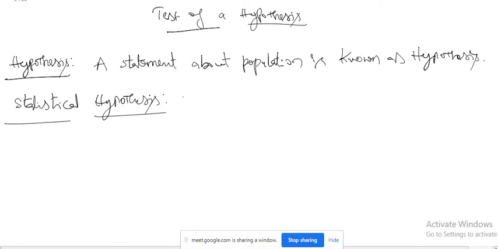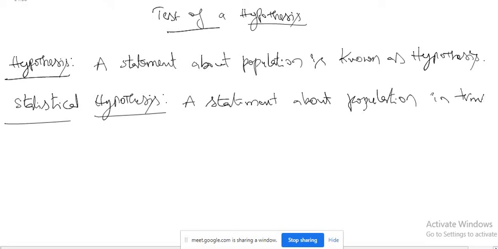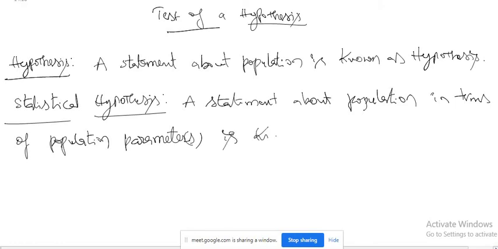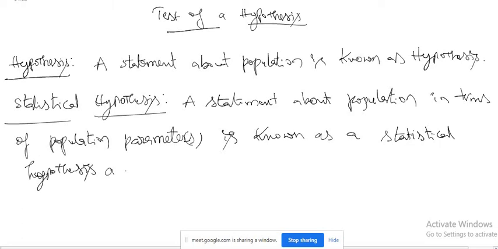Statistical hypothesis: a statement about population in terms of population parameter or parameters is known as a statistical hypothesis and is denoted by capital H.